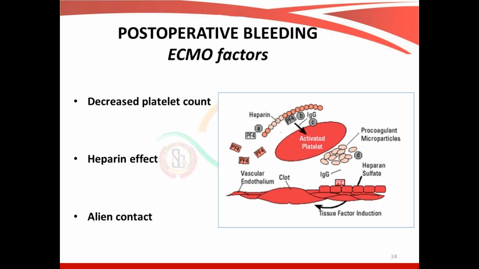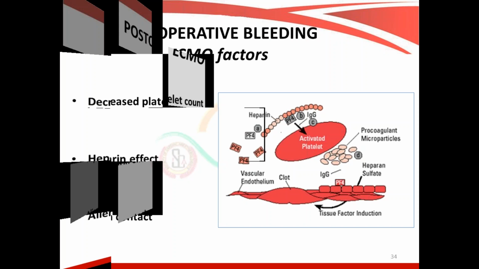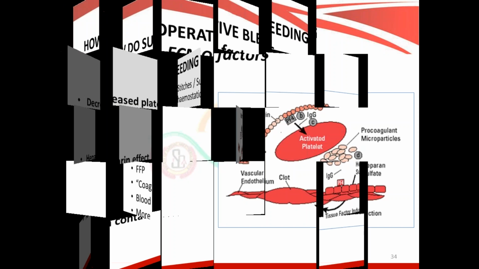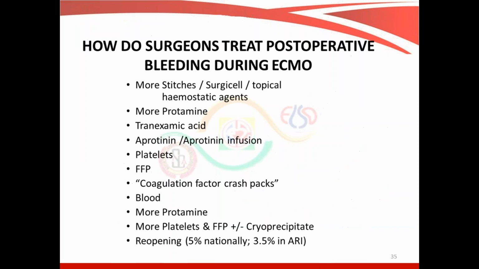So heparin effect, alien surface effect, and decreased platelet counts, which happens the moment you expose your patient to an artificial circuit. So what do we normally do? We ask the surgeon to keep putting more stitches at all places. We keep giving more protamine. We rely more on antifibrinolytics like tranexamic acid or epsilon aminocaproic acid.